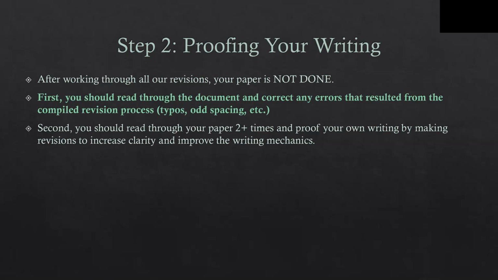There might be 3 spaces somewhere, or someone might have accidentally deleted your period. This won't be common, but it's definitely possible that after you accept all the track changes, something will have accidentally manifested into a typo or an obvious error. So you want to go through and fix any of the odds and ends that ended up as a result of all of the track changes we did to your document. That's just an easy read through.